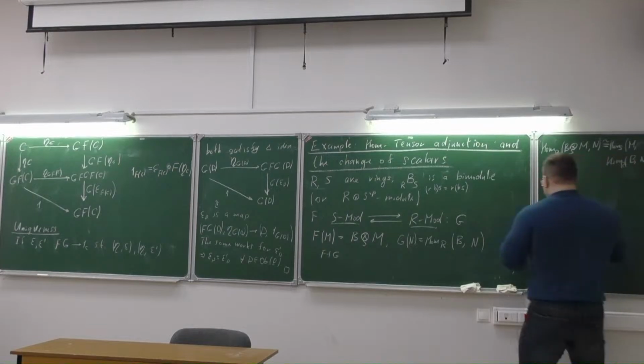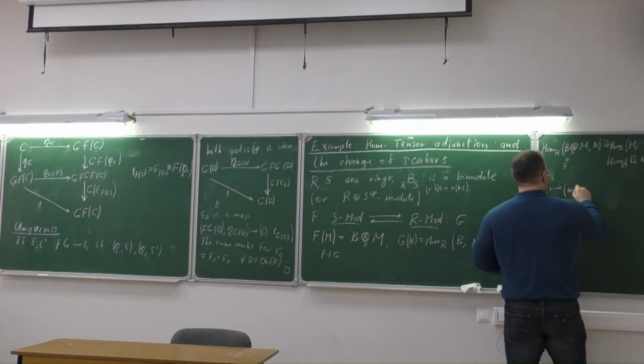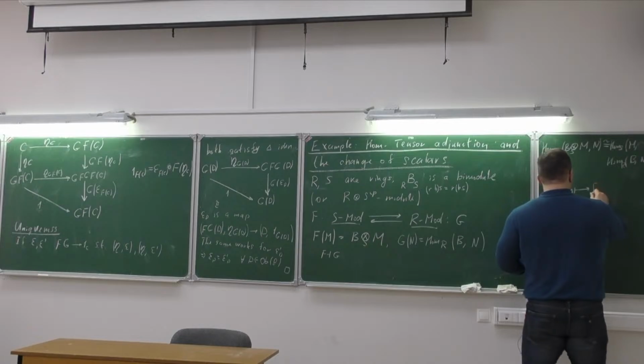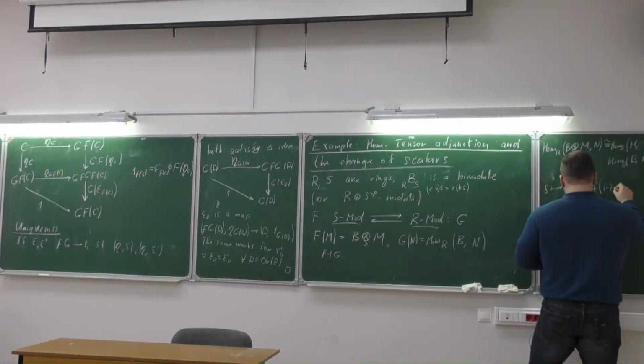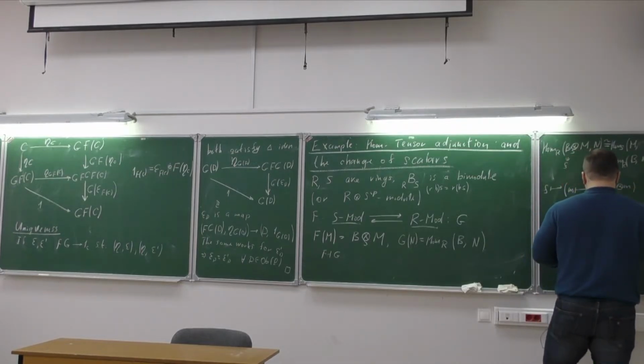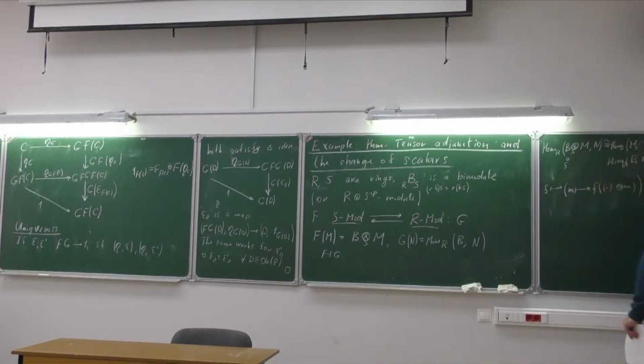So element m from the module M goes to the following map: F applied to the tensor product of the blank and the element little m. Does it make sense, this definition of the map?